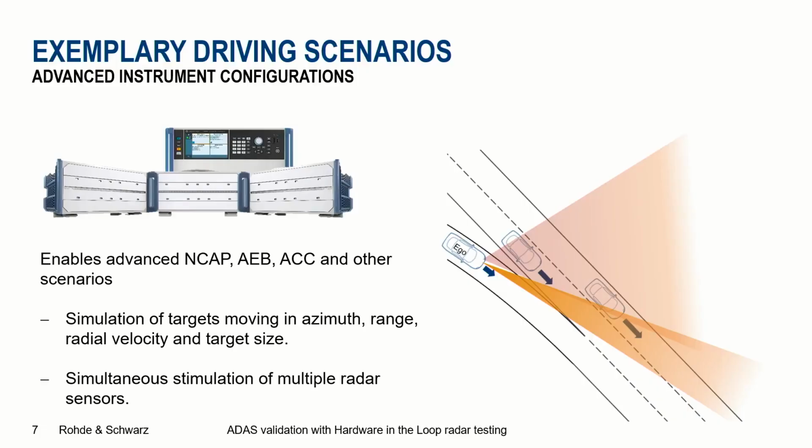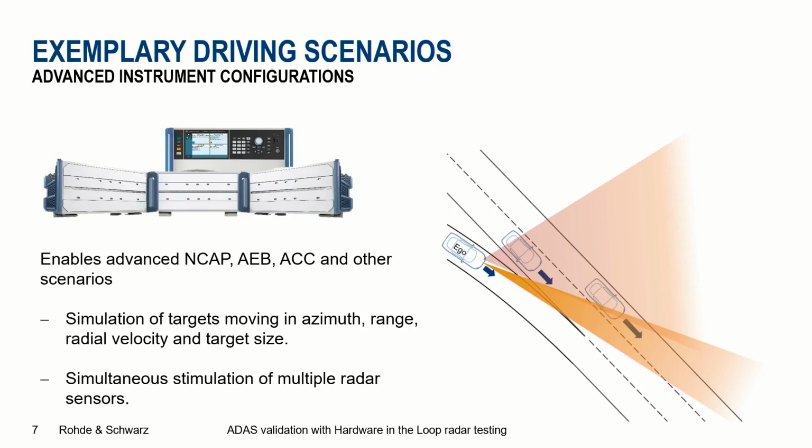And for example, in the situation shown here, a car is driving onto a highway. The car has two radar sensors installed, one long-range sensor in the front and one corner radar sensor on the left side.